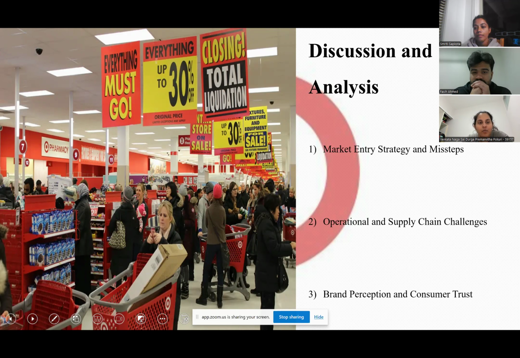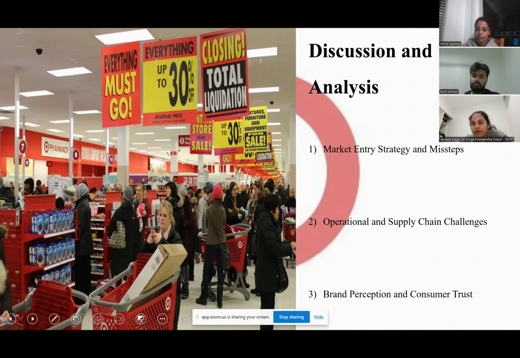There was wide disappointment and frustration among consumers, with higher prices that didn't meet their standards. In addition, Target underestimated the strength and loyalty that Canadians had for their local retailers.